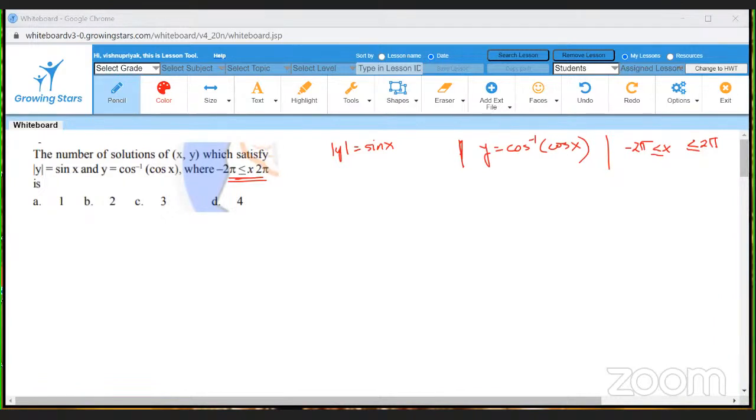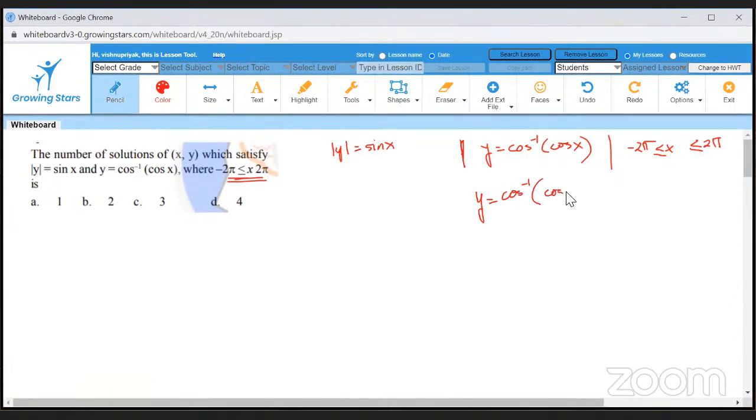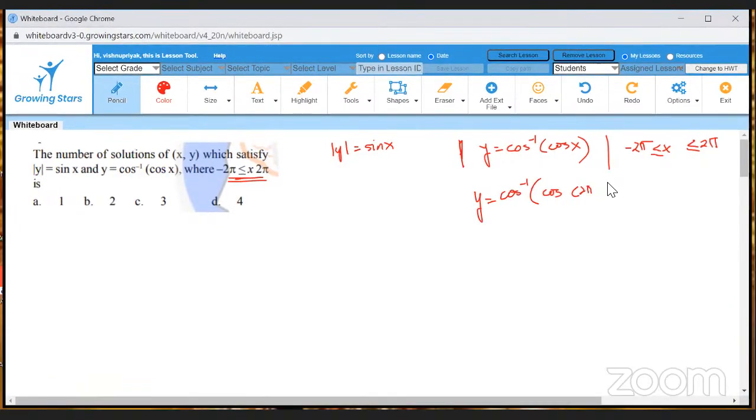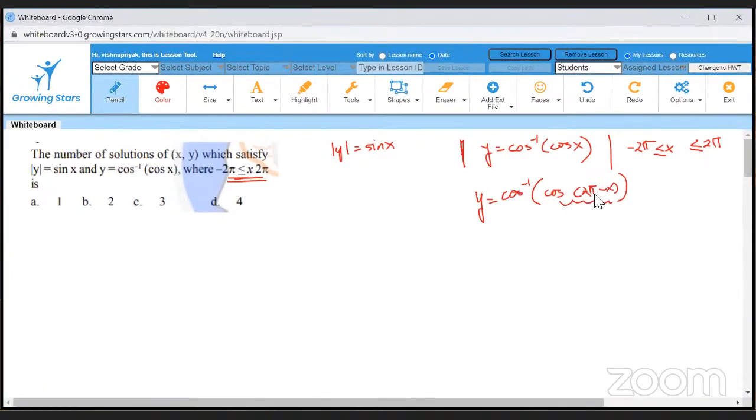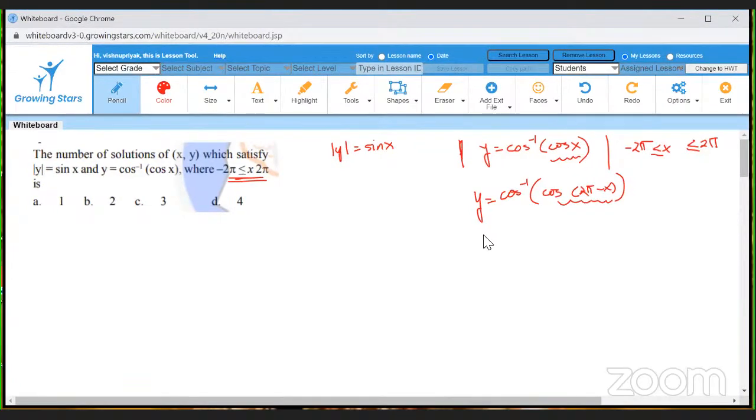Now you can change y equal to cos inverse of cos x. How can you write it? Cos inverse of cos of 2 pi minus x, because cos of 2 pi minus x is the same as cos x.